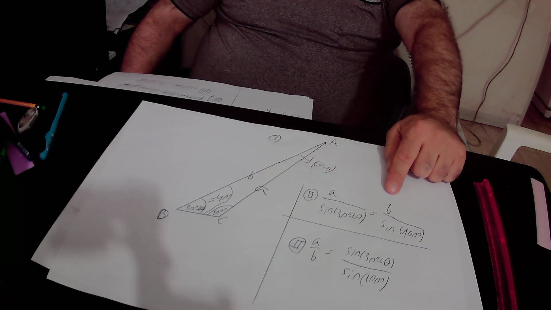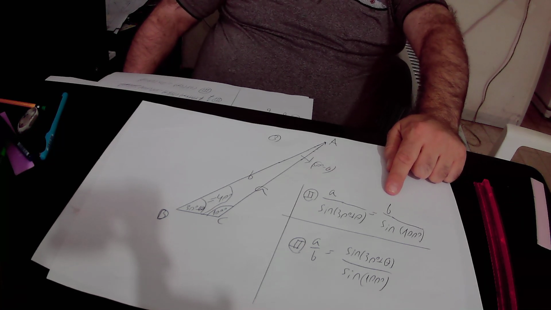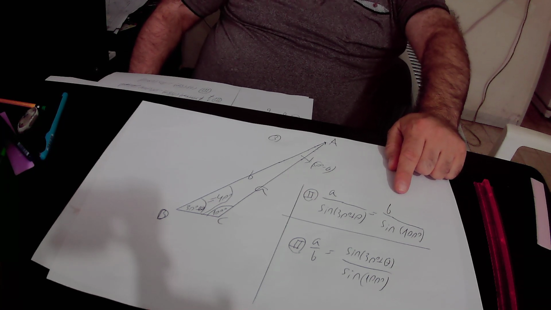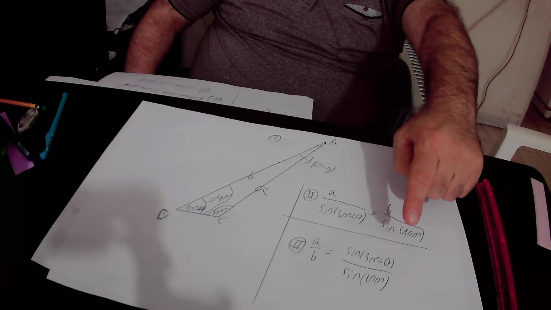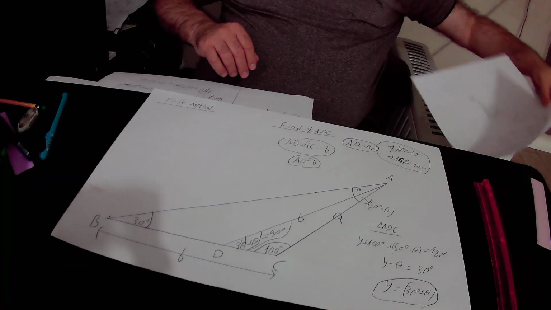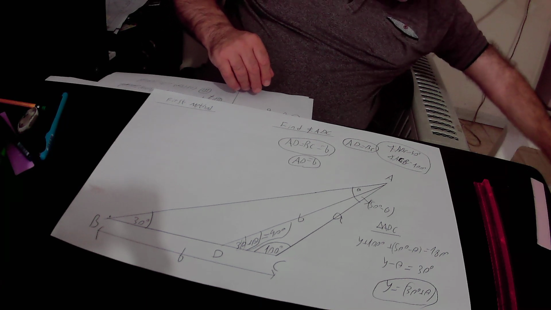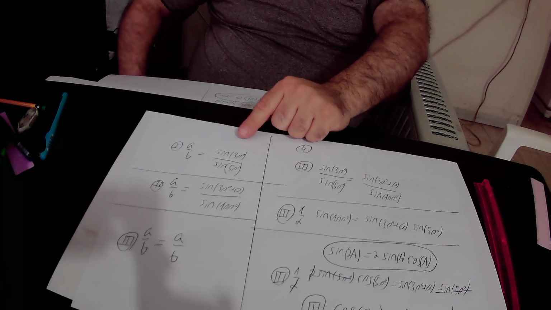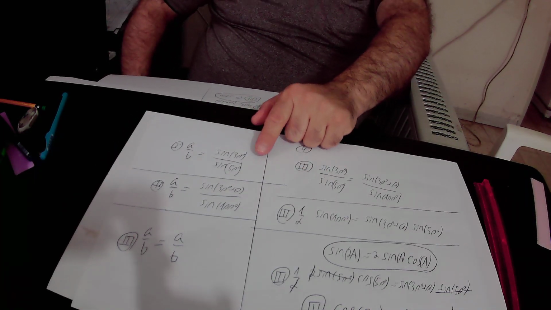Here we divided this equation number 2 by B, and then we multiplied it by sine 30 degrees plus theta, and we got that A over B equals sine 30 degrees plus theta over sine 100 degrees. So actually we have two expressions for A over B. According to equation number 1, A over B equals sine 30 degrees over sine 50 degrees.